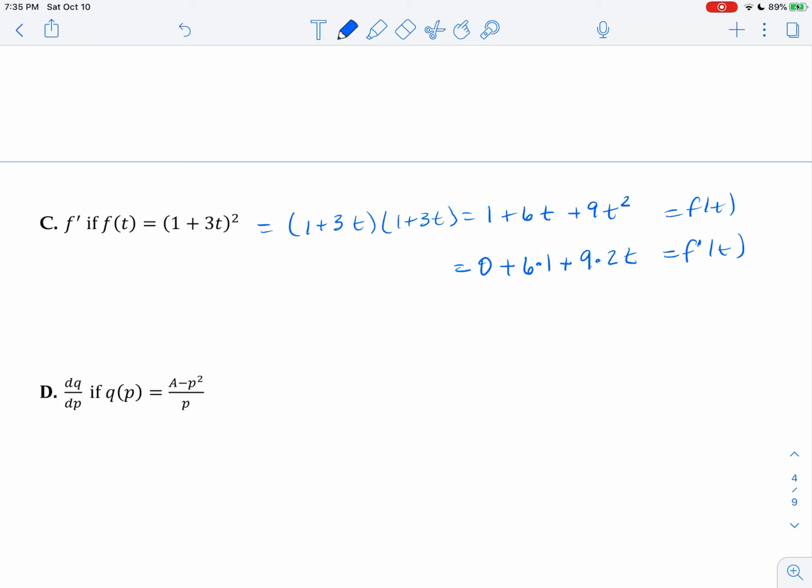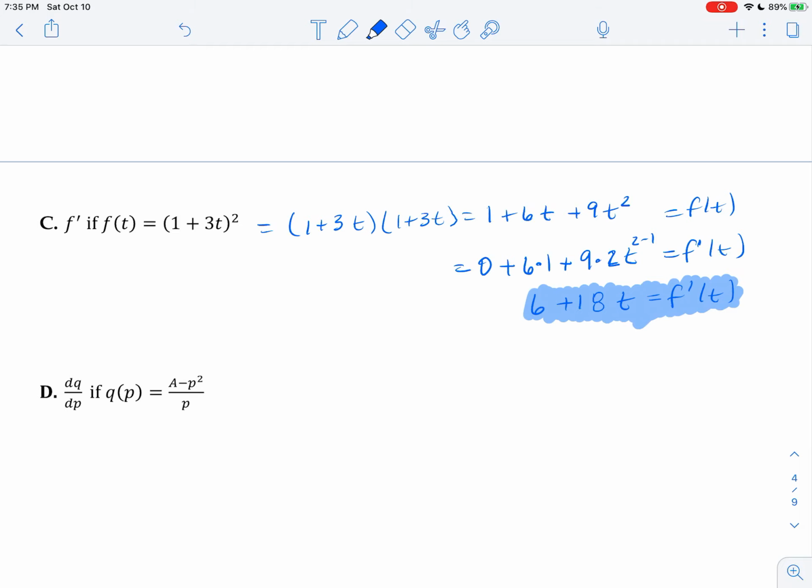It's going to be 9 times 2t, because the derivative of t squared, you take the 2 down, and then you have 2 minus 1. So simplifying this, we get 6 plus 18t. And this is a lot faster to calculate derivatives than using that limit definition, isn't it? I think so. All right.